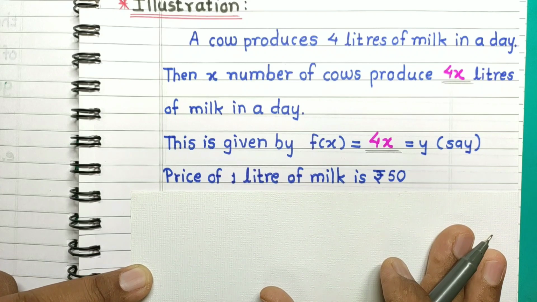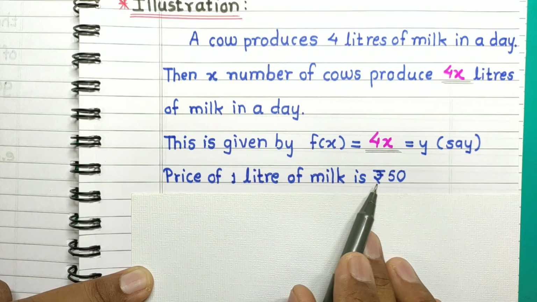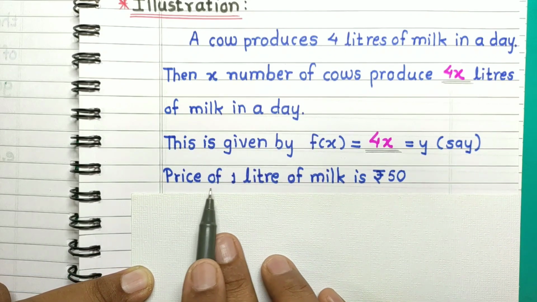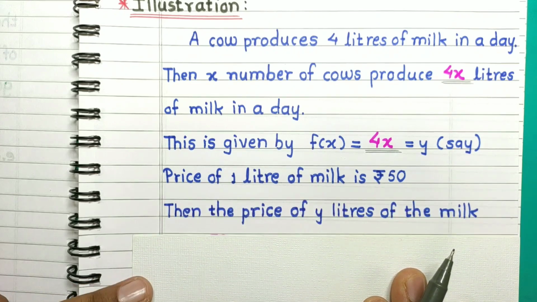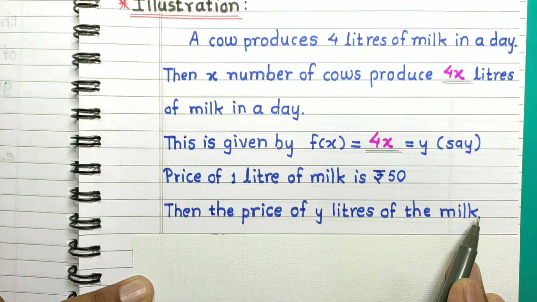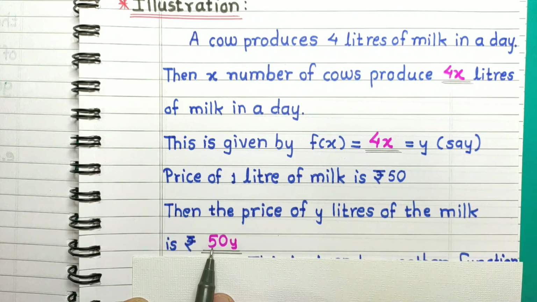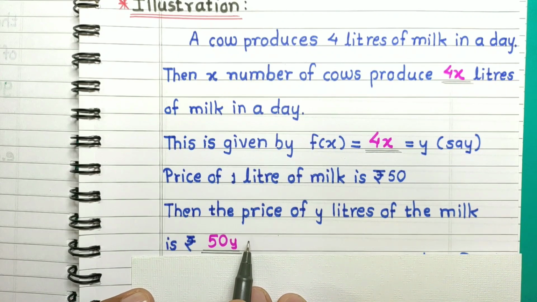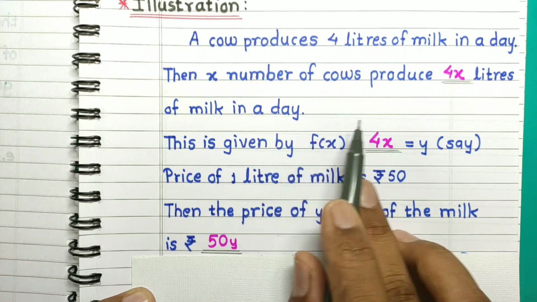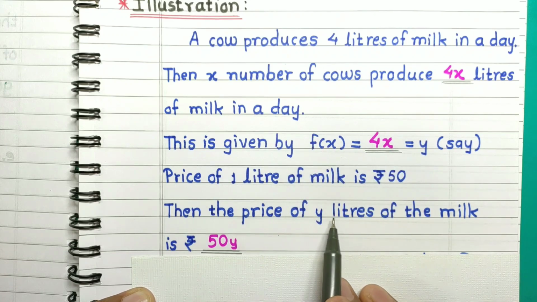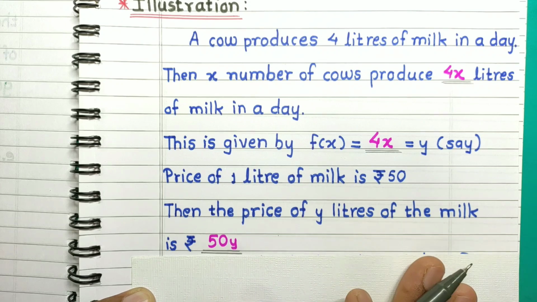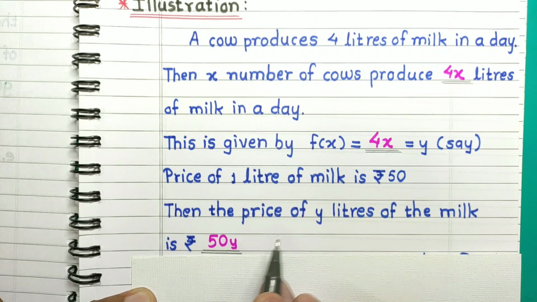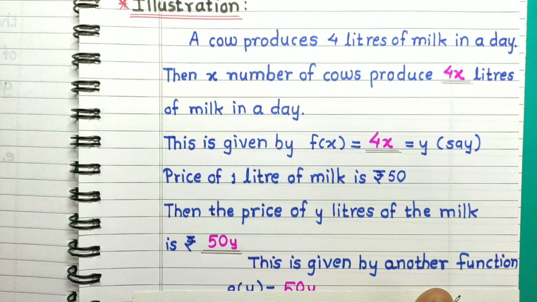Now the price of 1 liter of milk is rupees 50. Then the price of y liters of milk is rupees 50y, since we have y liters of milk. Let's denote it by another function g of y.